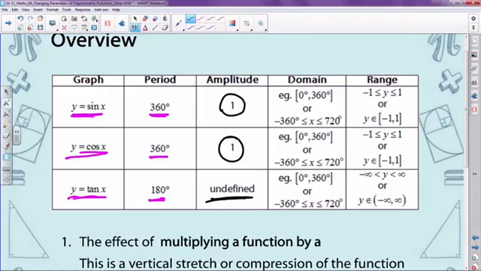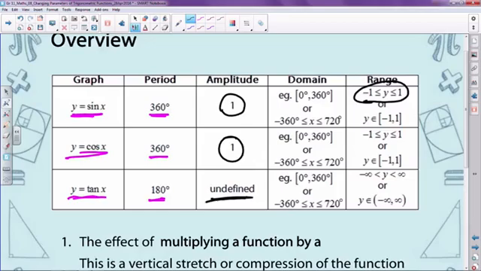For all, the x is going to be represented in interval or inequality form. And then your range as well, looking at the y, okay? The range for y equals sine x, your y is always between -1 and 1.